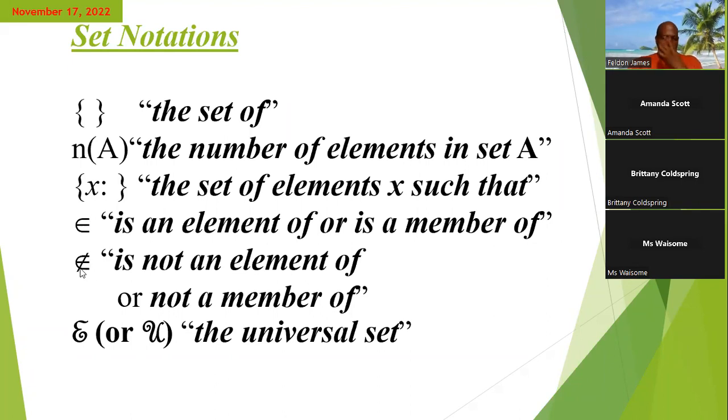This symbol here denotes not an element of or not a member of, by simply drawing that stroke right down it, that stroke means not. So whenever you see any kind of operation with a slash down it, the slash simply means not. All right, so here now we have this fancy looking E or this fancy looking U.